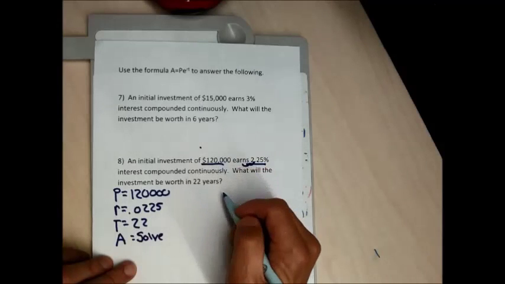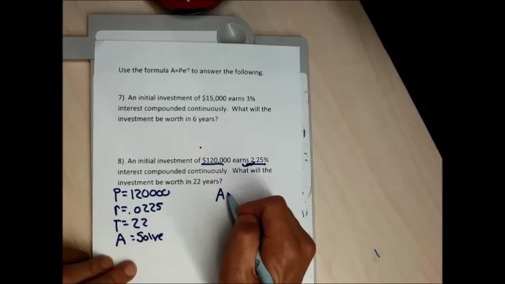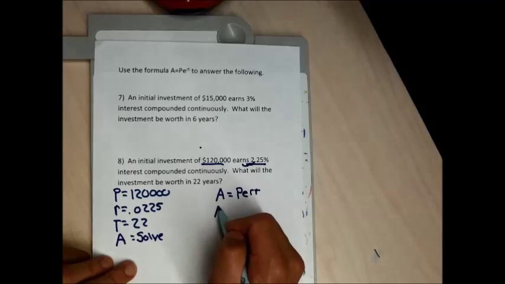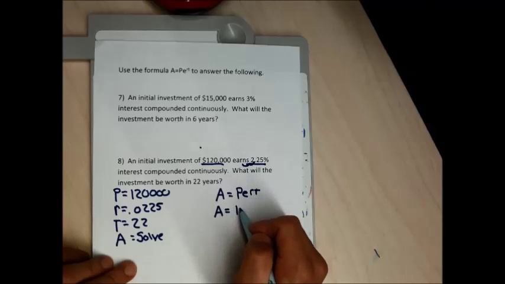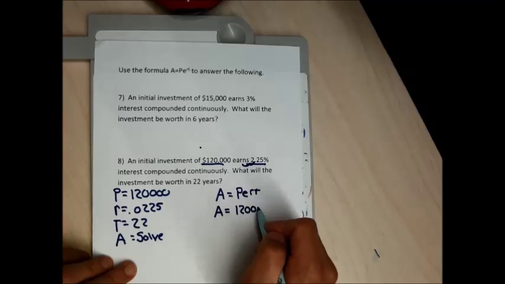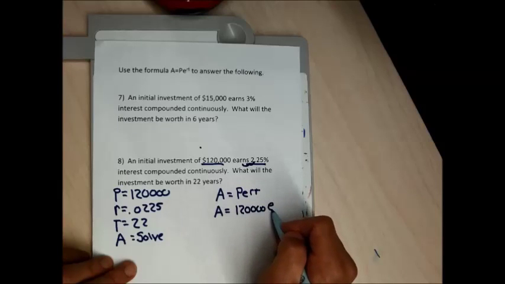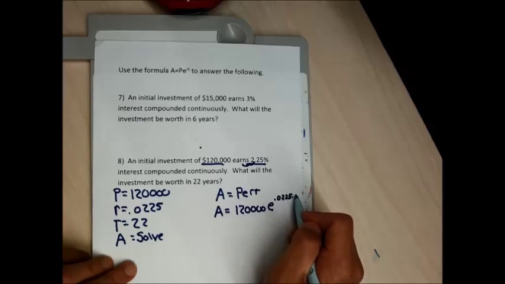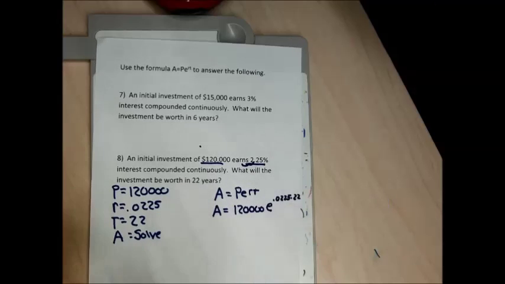I'm going to plug the numbers into the formula, so I'm going to use the formula A equals P e to the rt. I'm going to leave A unknown. In for P, I'm going to plug 120,000. I'm going to leave the e, and then I'm going to plug in 0.0225 for the r and 22 for the t.